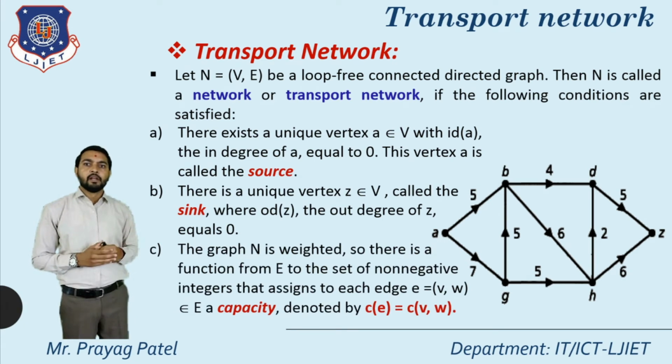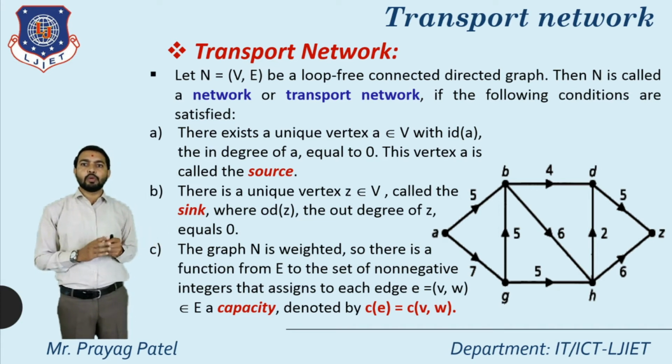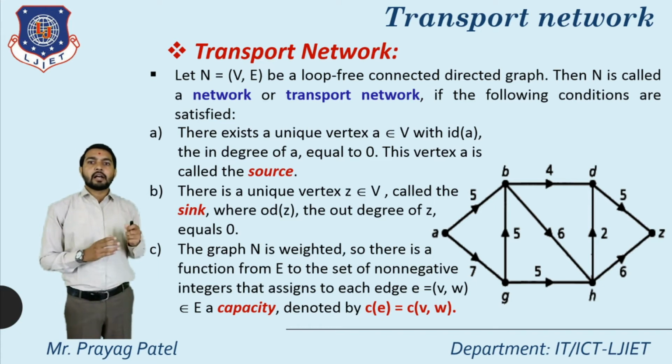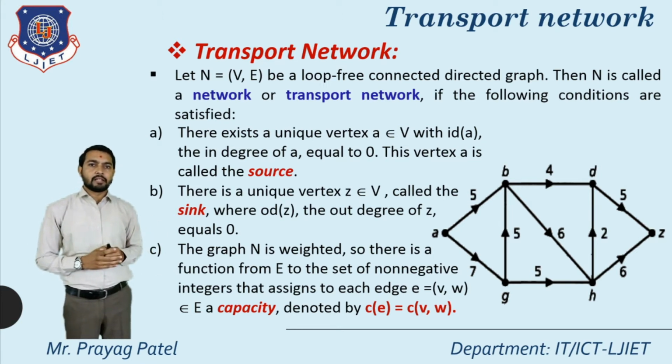Now the third part. The graph N is weighted. So there is a function from E to the set of non-negative integers that assigns to each edge e equal to VW belonging to E, the set of edges, a capacity denoted by C of e equal to C of VW. That means e is considered as one edge, for example B to D is an edge.